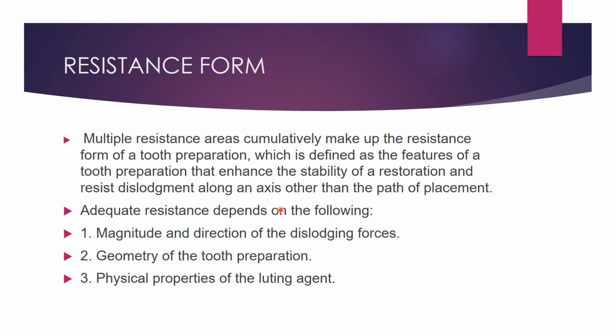So resistance form also has some factors which have to be taken care of, guys. That is magnitude and direction of dislodging forces, geometry of the tooth preparation, physical properties of the luting cement. So basically the direction of forces, the margins which are prepared, and the luting cements basically form the resistance.